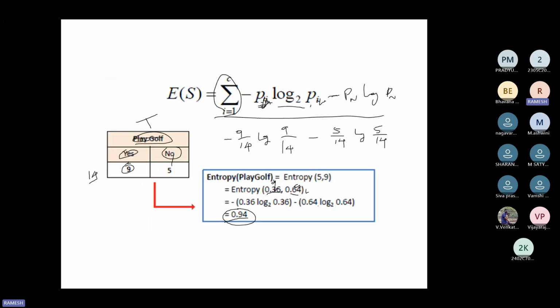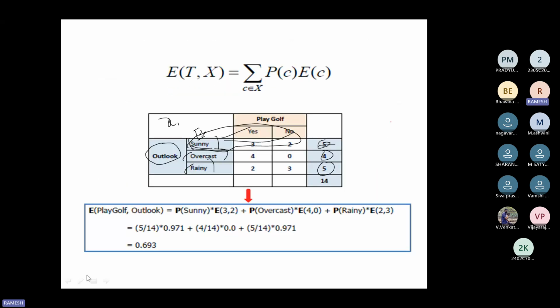Sunny has 5 rows, overcast 4 and rainy 5.